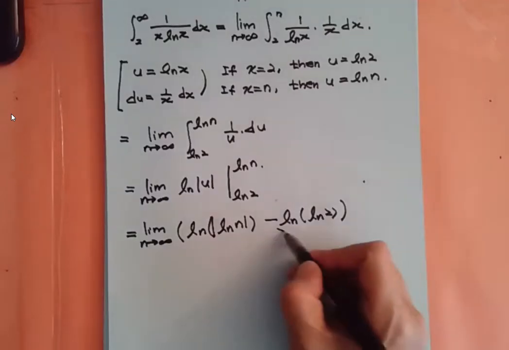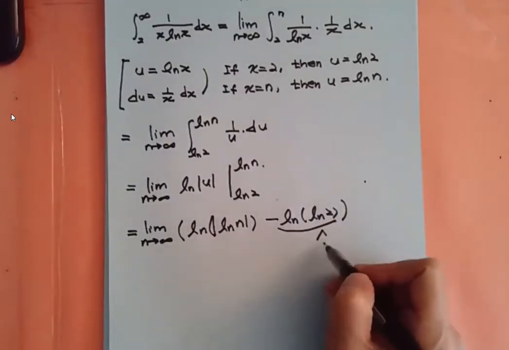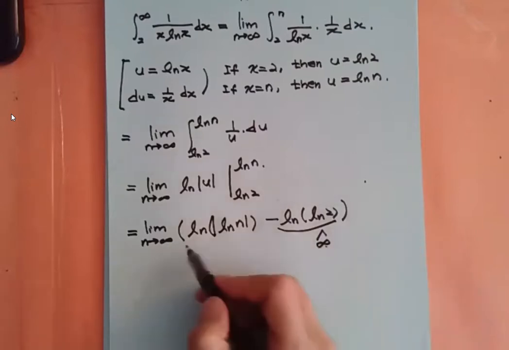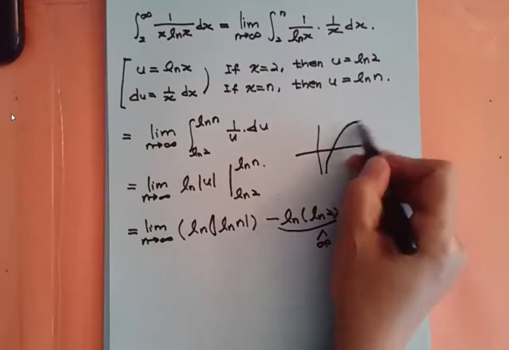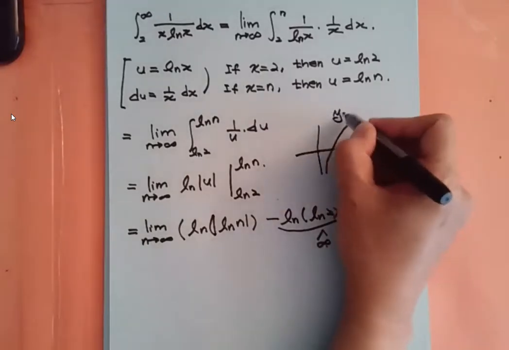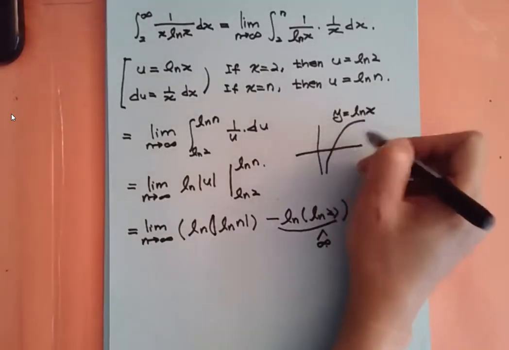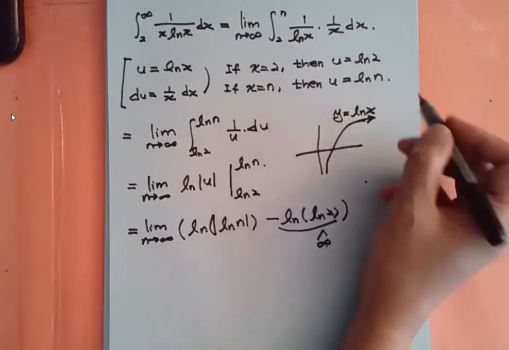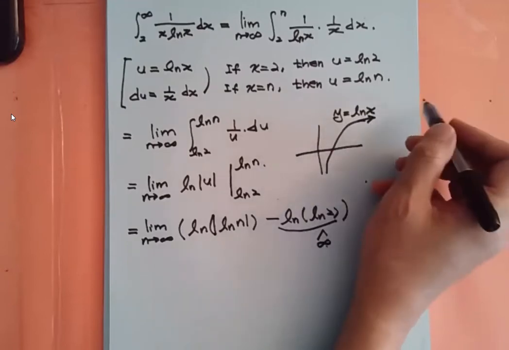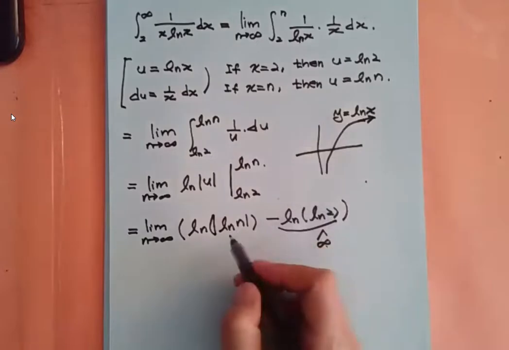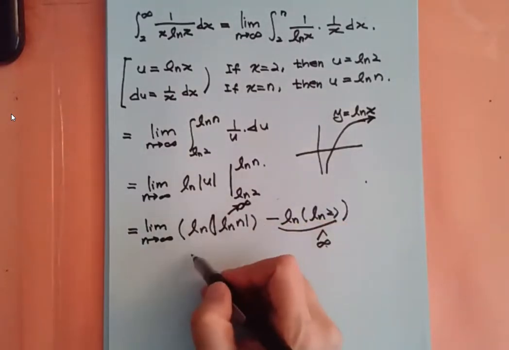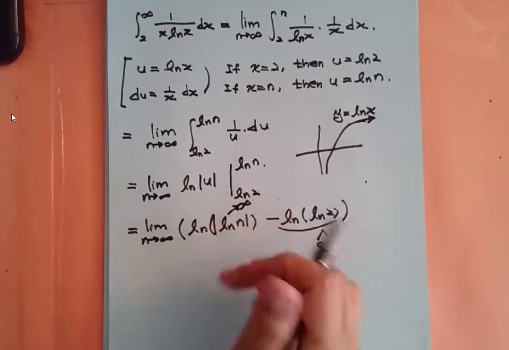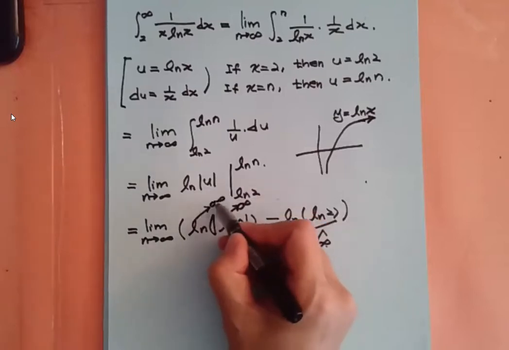Of course, this has a value. If we think about this, the natural log function, y equals natural log of x, looks like this, and it increases forever. This is an increasing function, and so when the input increases, the output also increases.